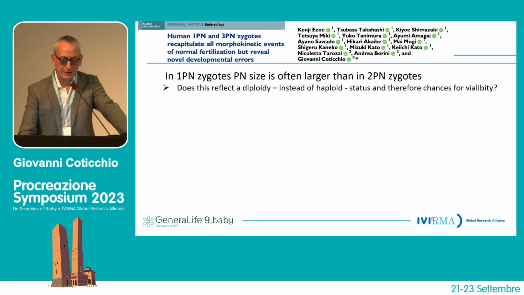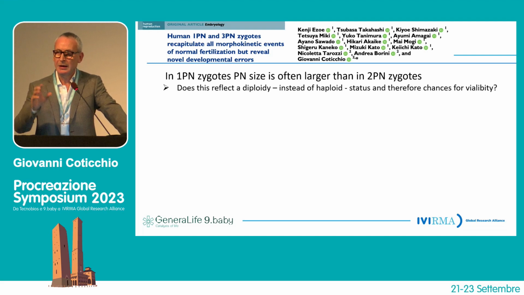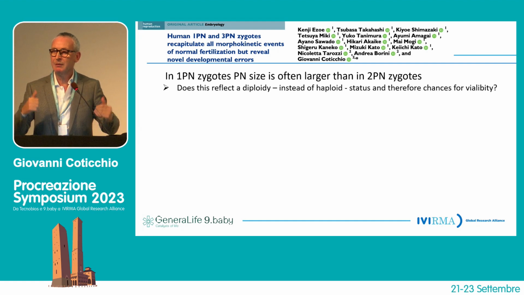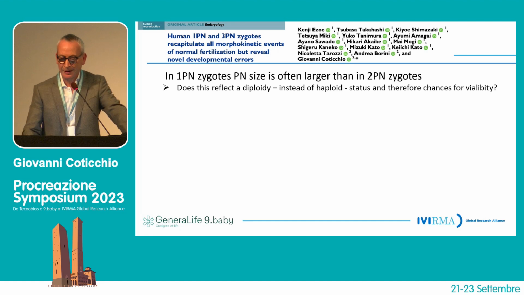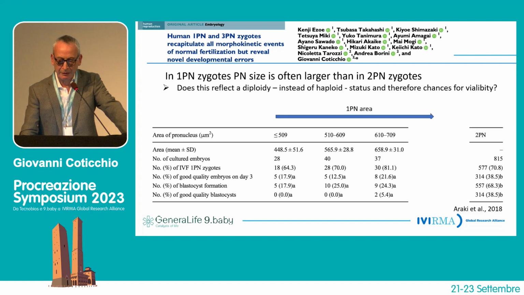In particular, it has been seen that the size of the pronuclei in 1PN zygotes can be different, maybe larger, maybe smaller. And an obvious question we may want to ask is whether this different size may reflect a different chromosome content, smaller, haploid, larger, maybe diploid.